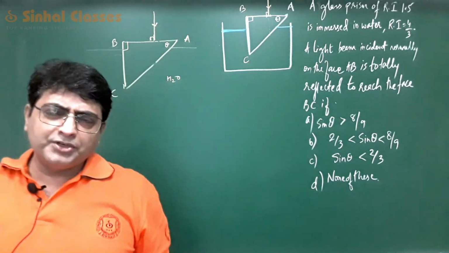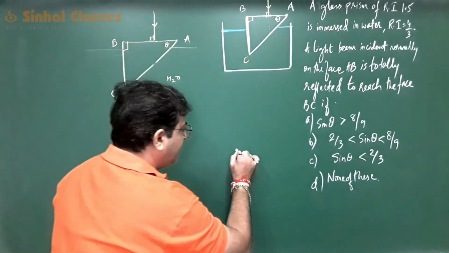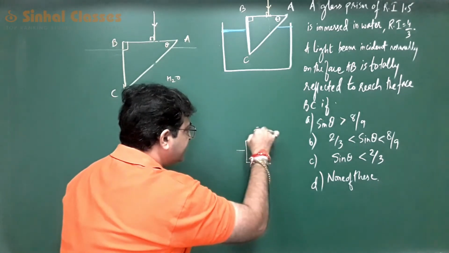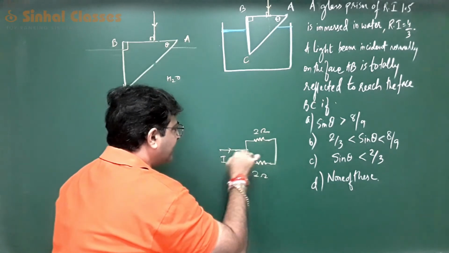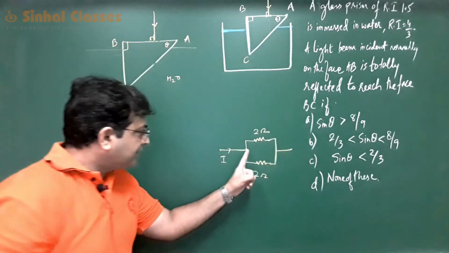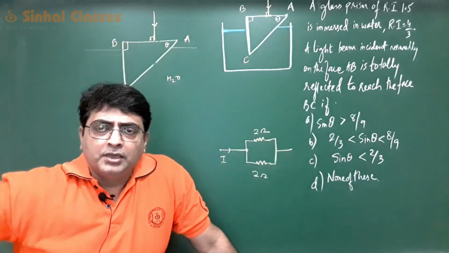Exactly the same concept of symmetry we use in current electricity, students. Perhaps you have seen in current also, suppose here there is a resistance of 2 ohms and this is also 2 ohms, and current I is approaching the junction. What Kirchhoff's law have you come across?